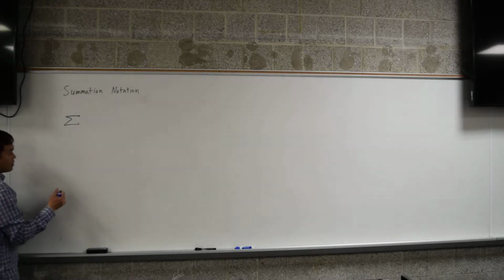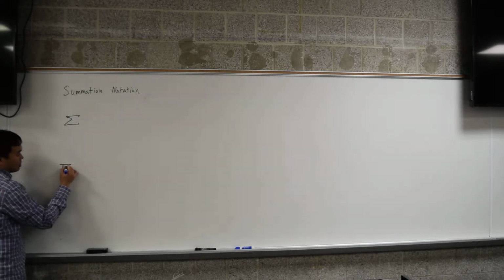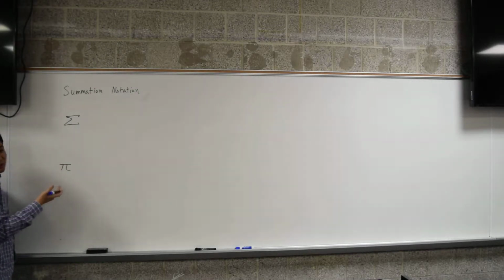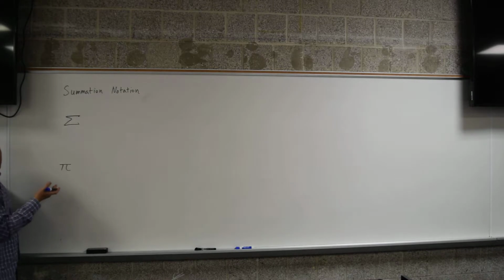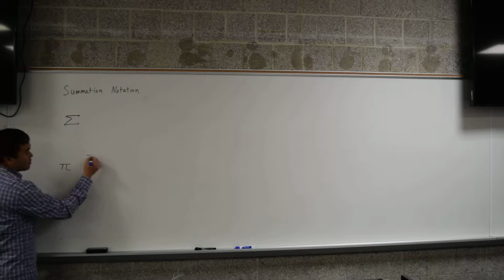By the way, when you see pi, we just think about the circle. But for Greeks, pi means the letter P. It's just their way of writing that letter P. This is the lowercase. The capital is like that.